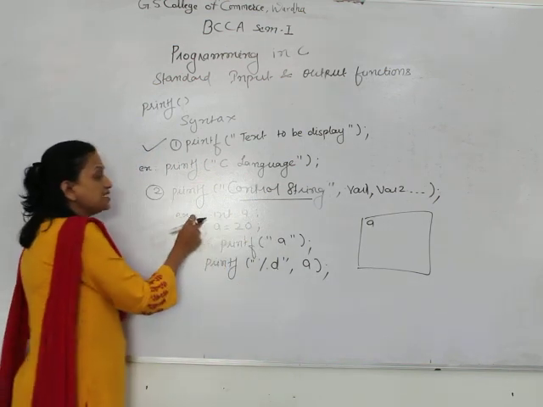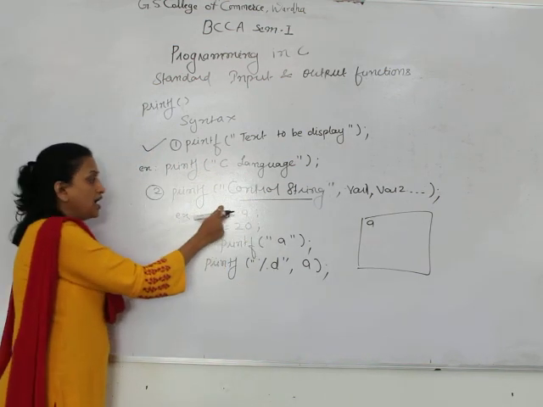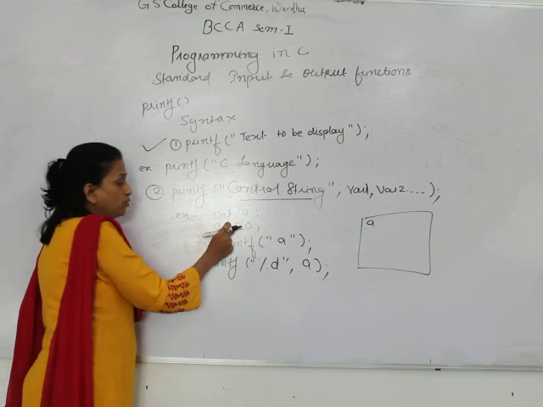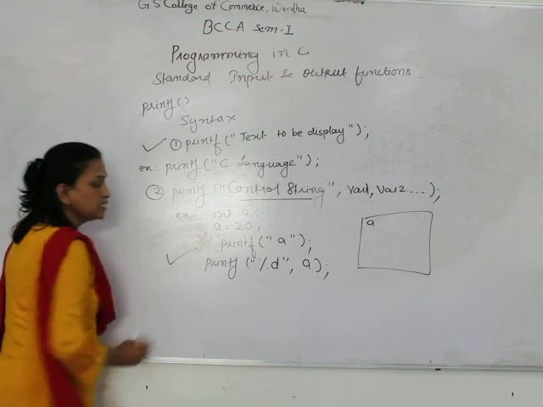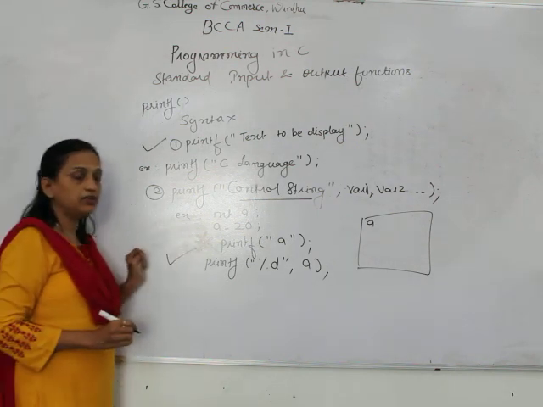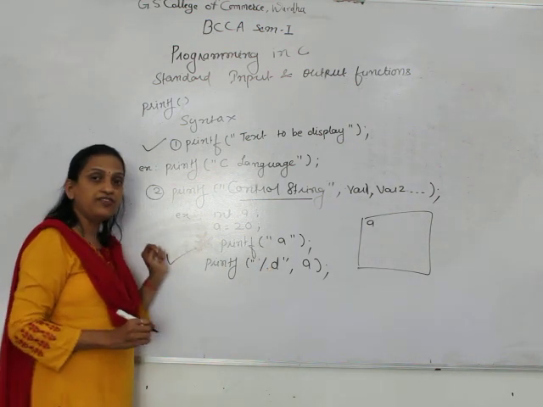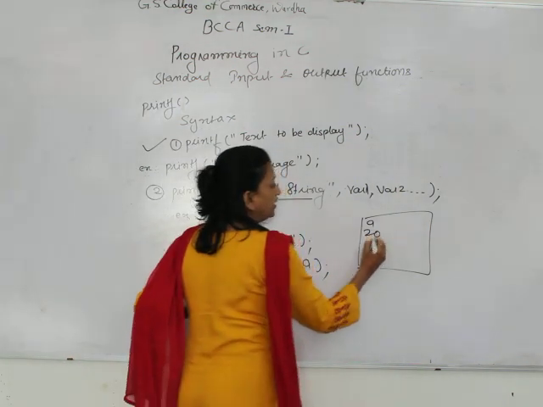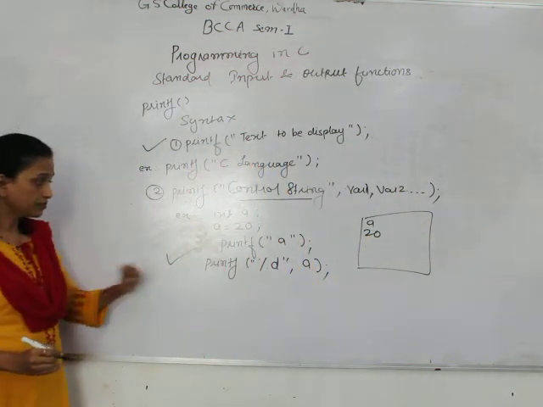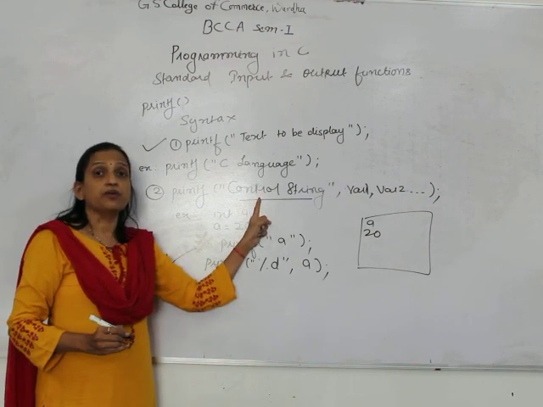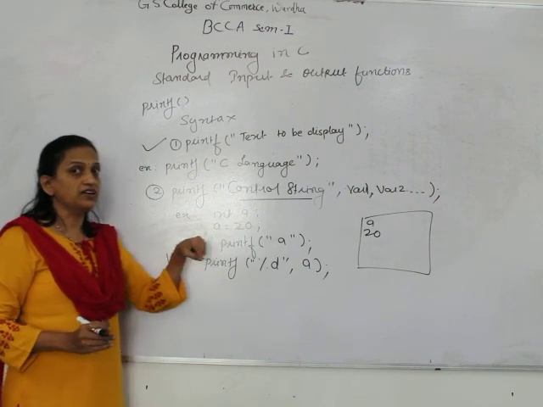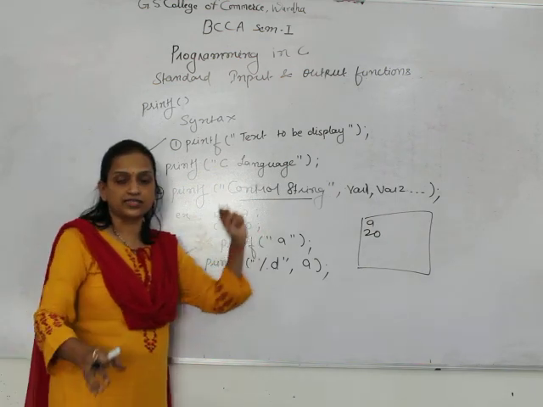Because a is declared as an integer, and you assign the integer value to a. So when you use such a statement, the compiler prints the value of a, that is 20. Okay, so to print the value you have to use the format specifier, which is known as control string.